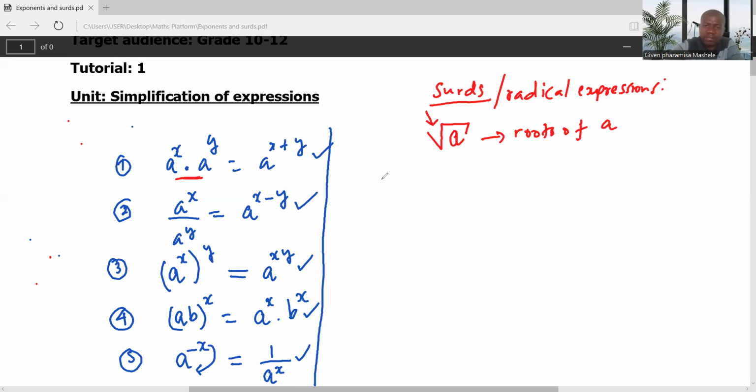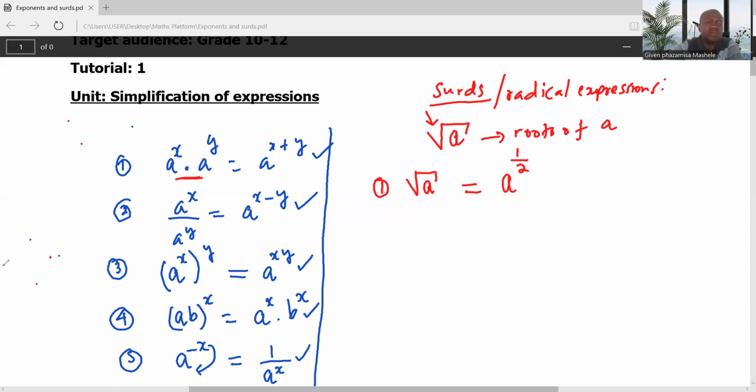Number 1 says the square root of any number, the root of a, always equals a raised to the power 1 over 2. So the root of a always equals a raised to the power of half. This is very important.